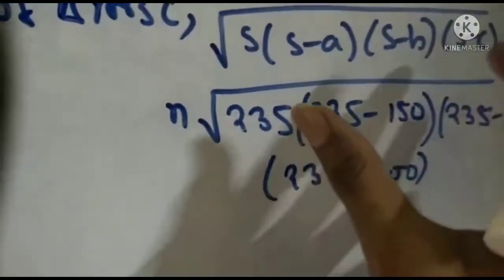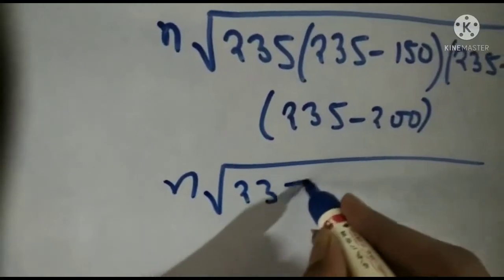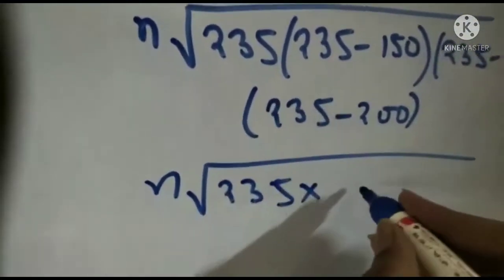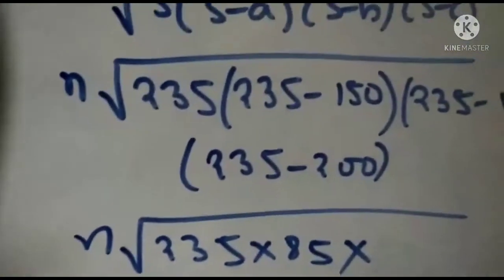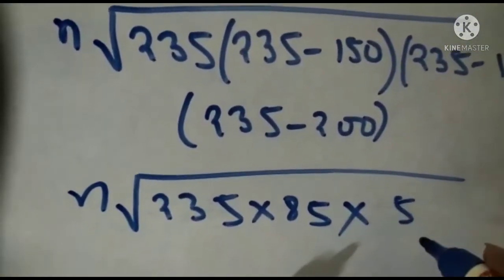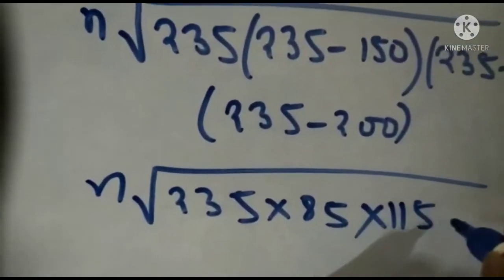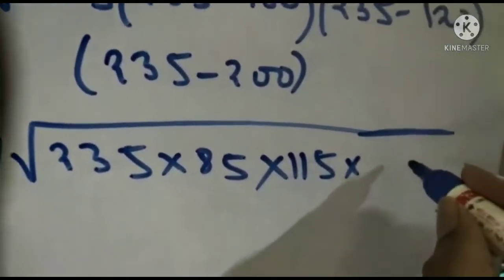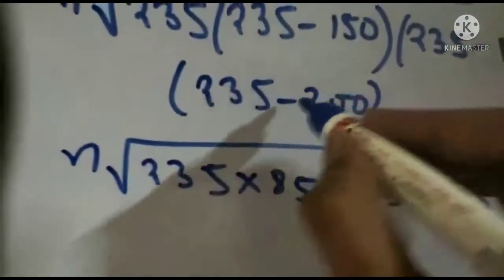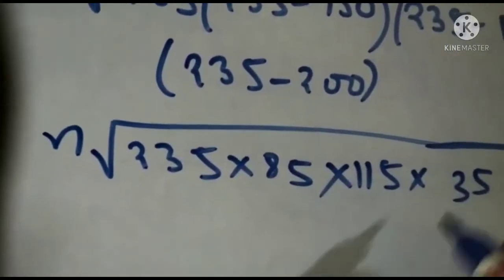Now after doing subtraction here, this part we'll get 235, multiply here we'll get 5, and 85 multiply here we'll get 5, and you will get 115, and here multiply 5 is 235 minus 200, so 535.